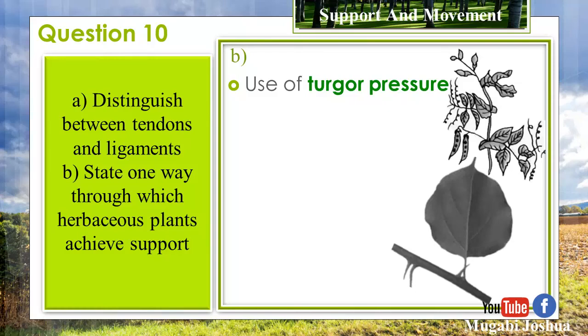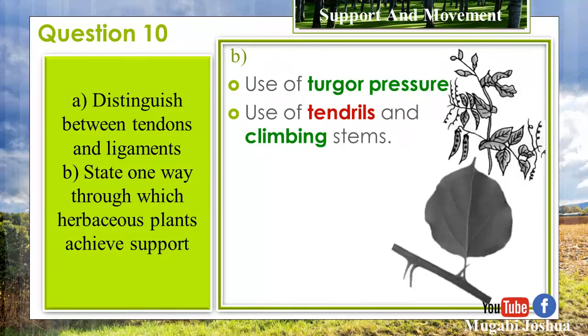This turgor pressure provides support to the plant so that it can stand upright. Secondly, herbaceous plants use tendrils and climbing stems to help them stand and also to attain sunlight for photosynthesis and for the growth of their fruits.